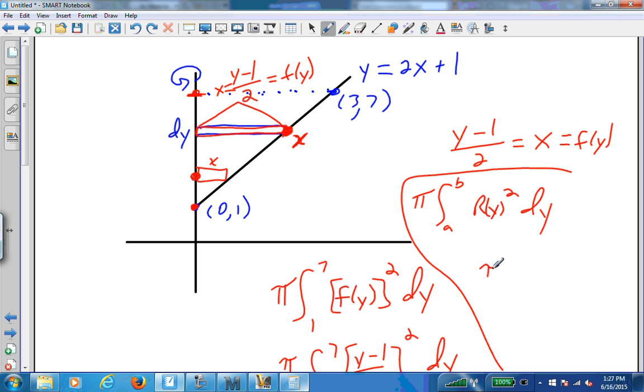If we integrate with a dx sample element, then we integrate pi r of x squared dx. So we have a function of x when it's dx, a function of y when it's dy.